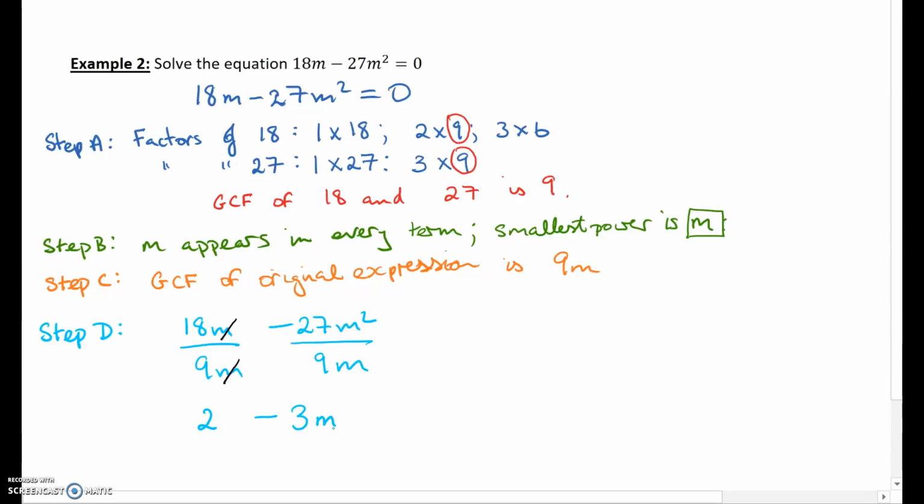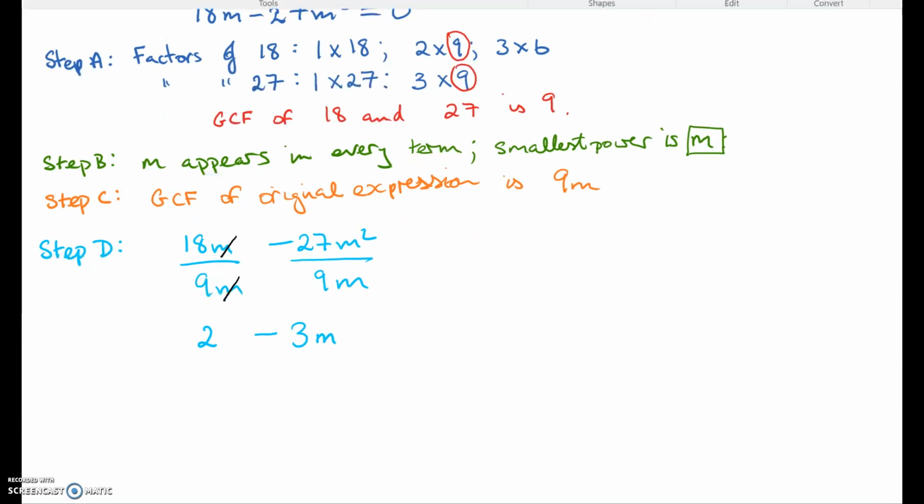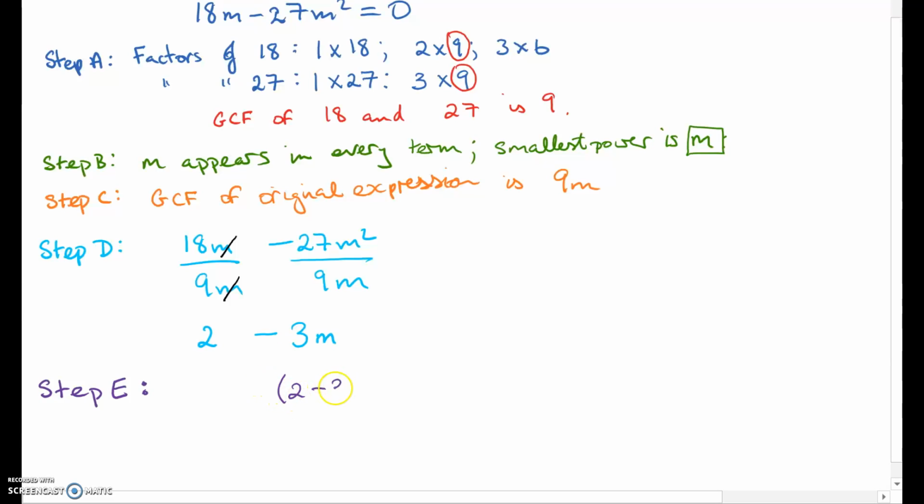From now on we're not going to use powers of 1, we're just going to say m. The last step on this part of the problem is step E, and this is to complete our factoring. We put our result from step D in parentheses, 2 minus 3m, and the result of step C, 9m, we put outside the parentheses. So those are the factors.